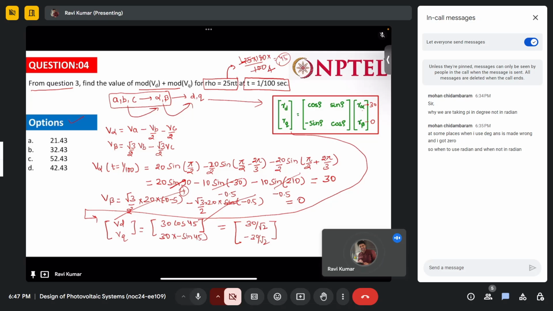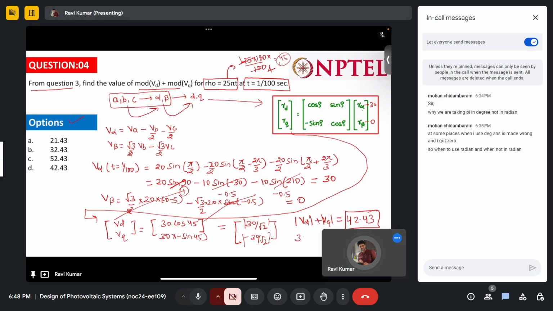So we need to find out mod VD plus mod VQ. What is the answer then? 30 divided by root 2 is coming to be 42.43, because mod will be this plus this, and these are the same quantity.